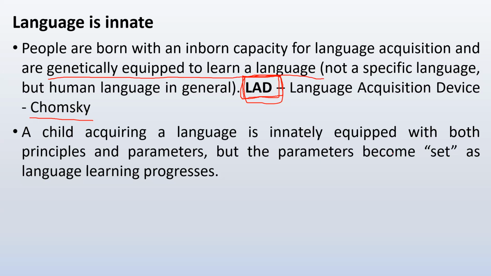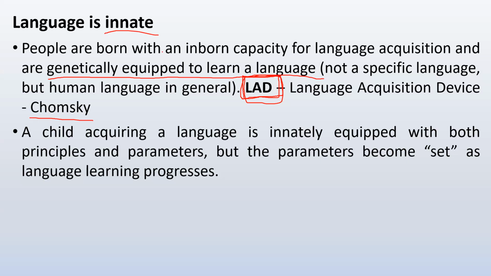So that is why we say language is innate. This is the point. Don't mistake this as the baby coming with the language. No, that's a wrong conception. Language is innate means the ability to learn a language is there at the birth, from the birth itself.